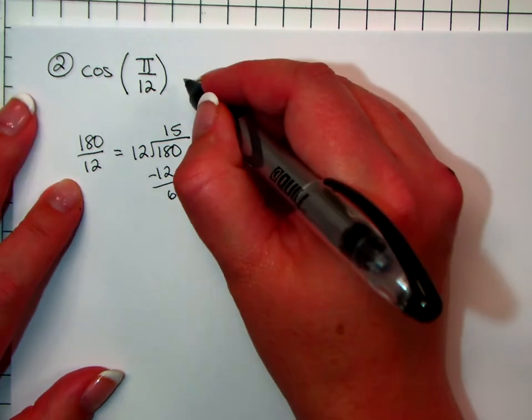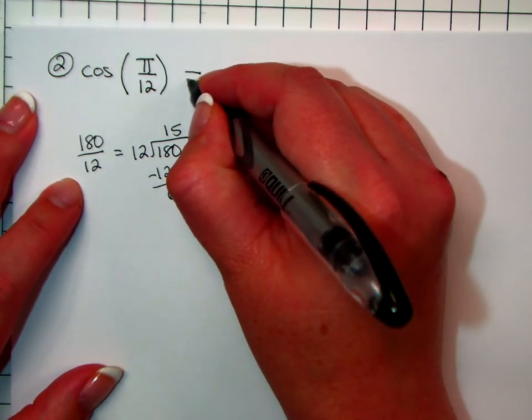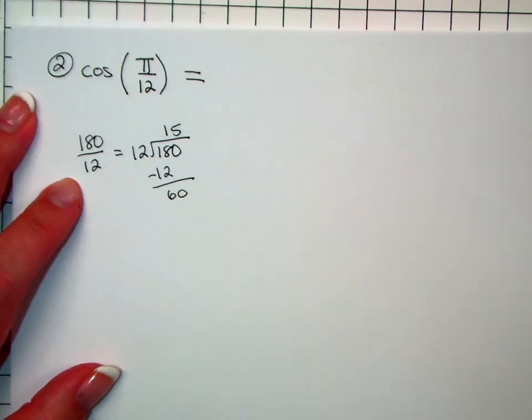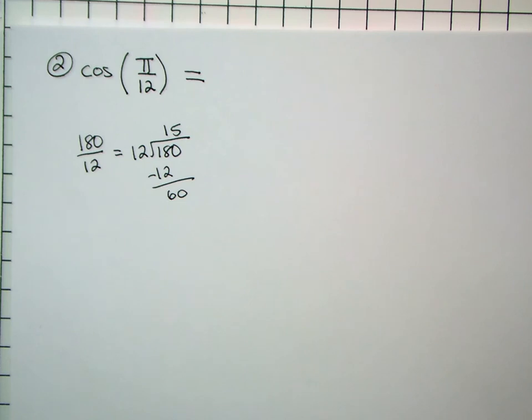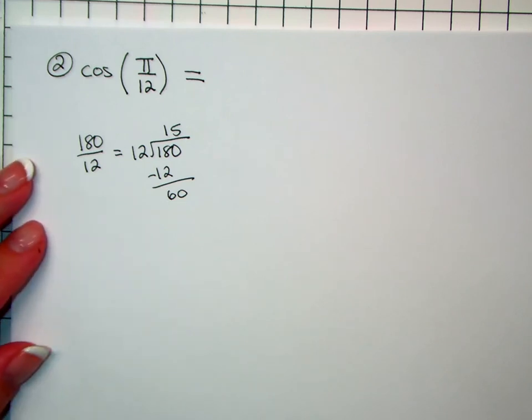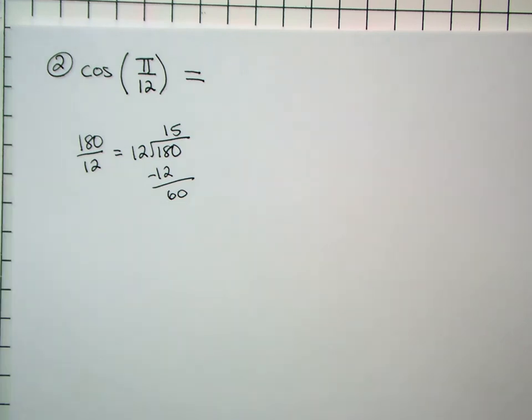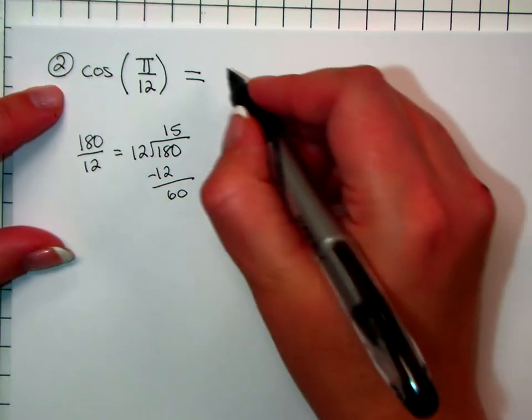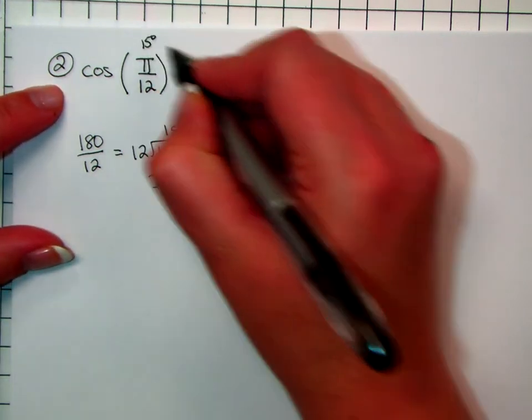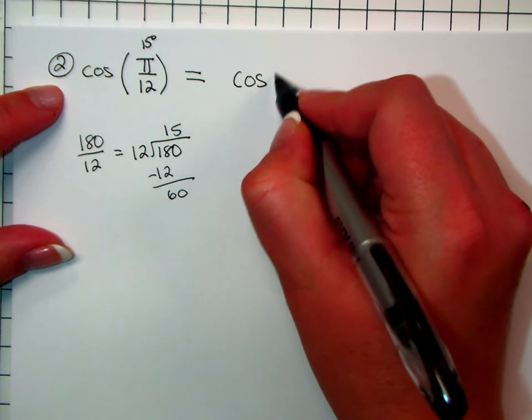So how do we get 15 degrees? Obviously, we're going to have to do a difference. 60 and 45 is 15 degrees. 45 and 30 is a difference of 15. You could go 150 and 135 if you wanted to, but I would keep it in quadrant 1. So if this is 15 degrees, I'm going to write this as a difference.